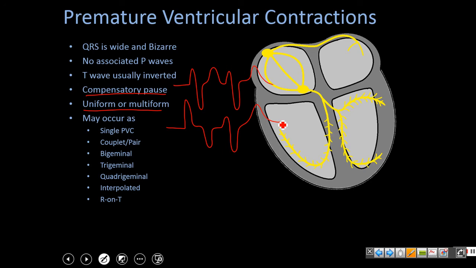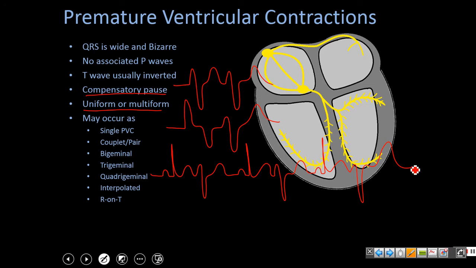PVCs can occur in a couplet or a pair, like we just showed you there. They can occur bigeminally, so every other beat would be a PVC. Like that.